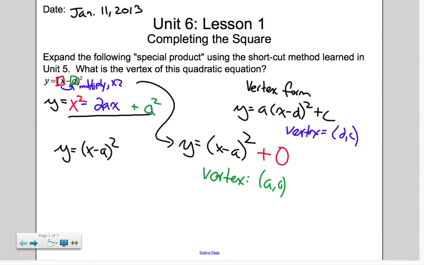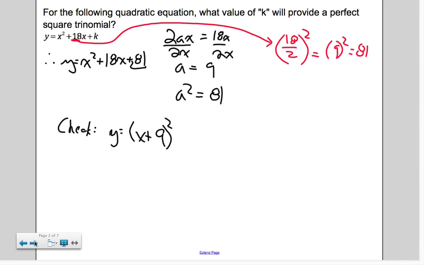If the x is confusing you, just think you need that number, divide by 2, and square it, as long as your coefficient on x squared is 1. So that's how we get the perfect square trinomial of this.